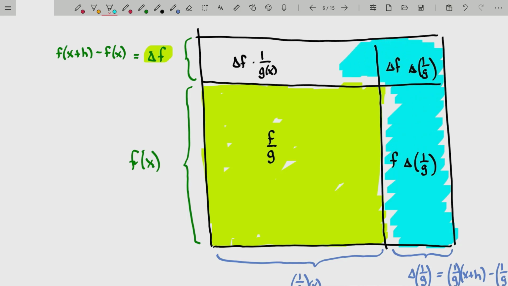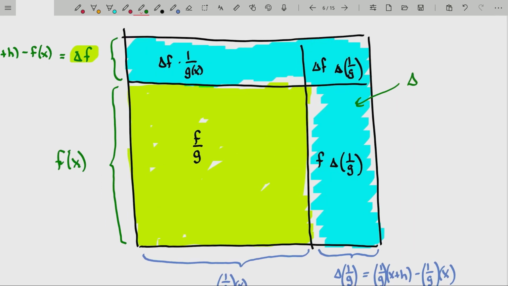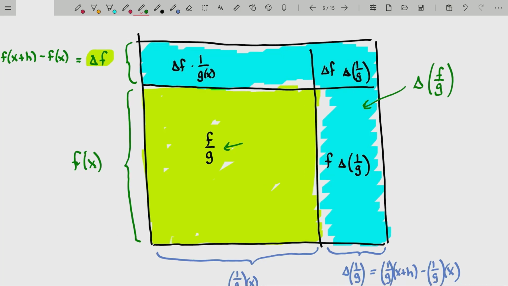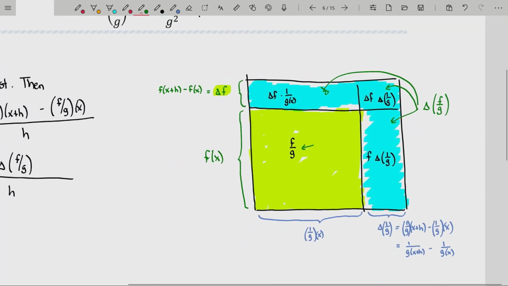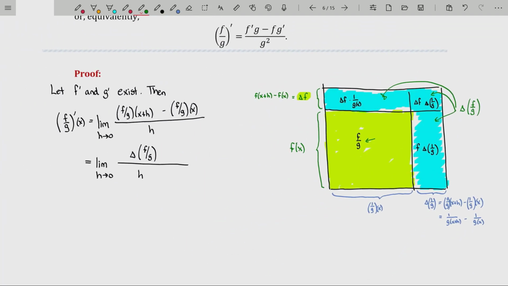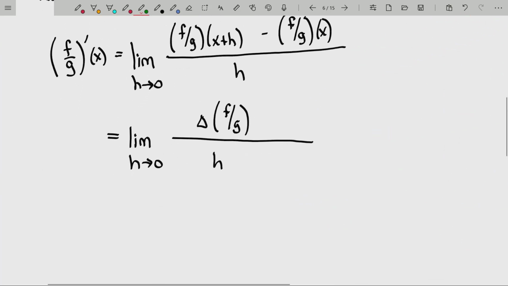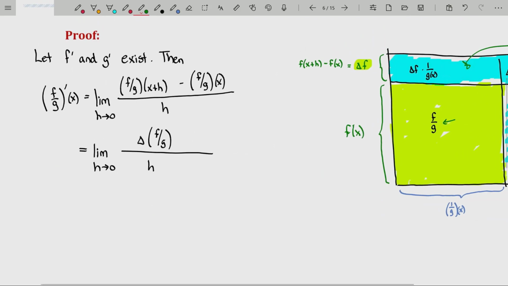Here is f over g, and that's our change in f over g. All of that blue area that I've highlighted, not just that one spot. So if the numerator of our limit is the change in f over g, and that's the same thing as that blue highlighted region, well, let's go ahead and copy all of that blue highlighted region in.